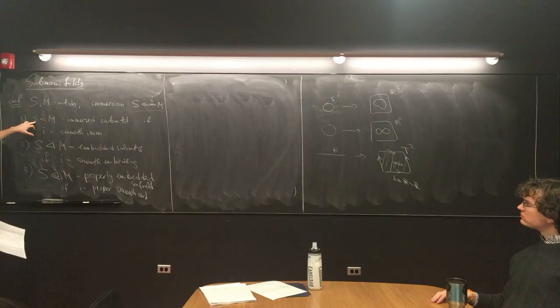So all of the above, basically. Number three, if pi is a covering map and pi is injective, then pi is a diffeomorphism. So it's a trivial covering map.